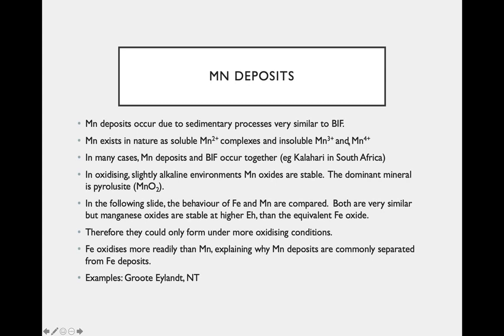So we have a degree of oxidation, again, in the water column that precipitates manganese out, and commonly this forms as pyrolusite, so manganese oxide. So both are very similar, and we have a control of redox and also pH. A classic example is Groote Eylandt in the Northern Territory, a prominent manganese deposit.